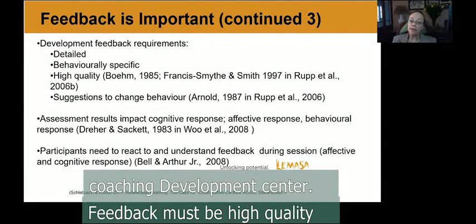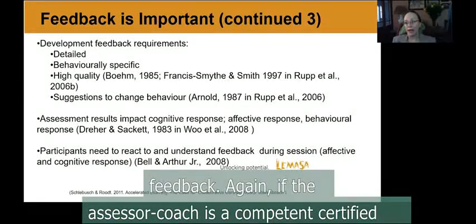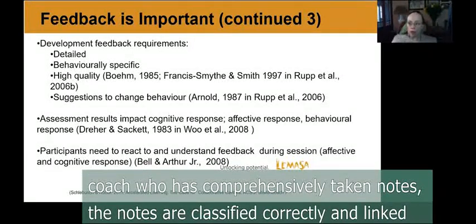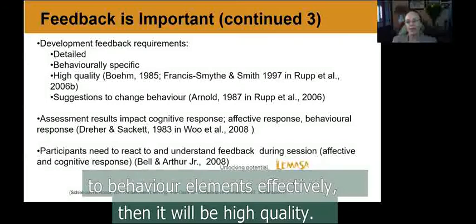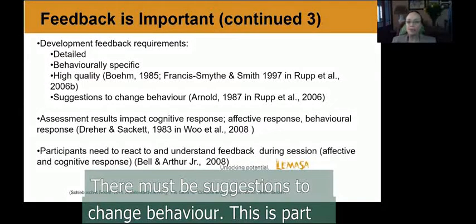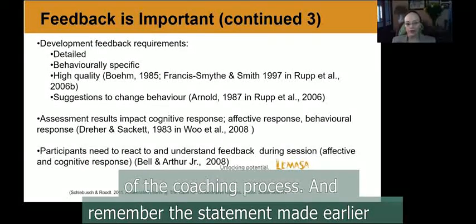It must be high quality feedback. Well, again, if the assessor coach is a competent assessor coach who has comprehensive notes that link or classify the behavior effectively, then it will be high quality. And there must be suggestions to change behavior, which is part of the coaching process.